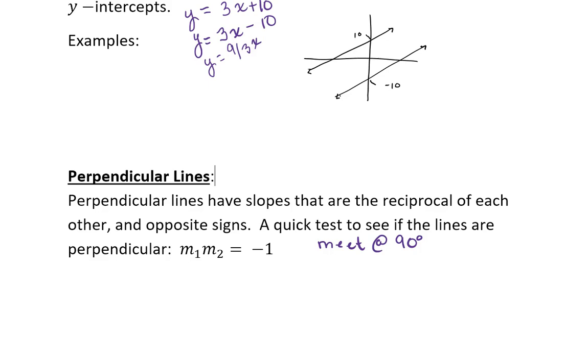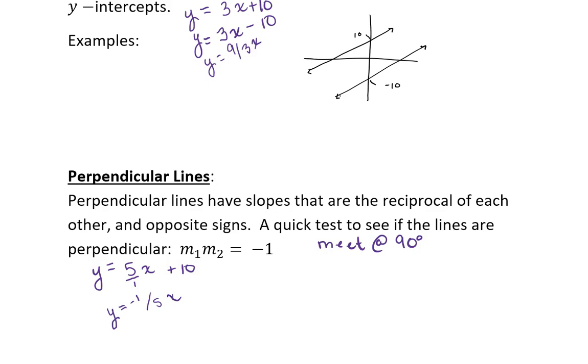So if I were to say y equals 5x plus 10, remember that 5 is really 5 over 1. So my perpendicular line here is going to be y equals -1/5, right? It has to be the opposite sign, and it's the reciprocal.